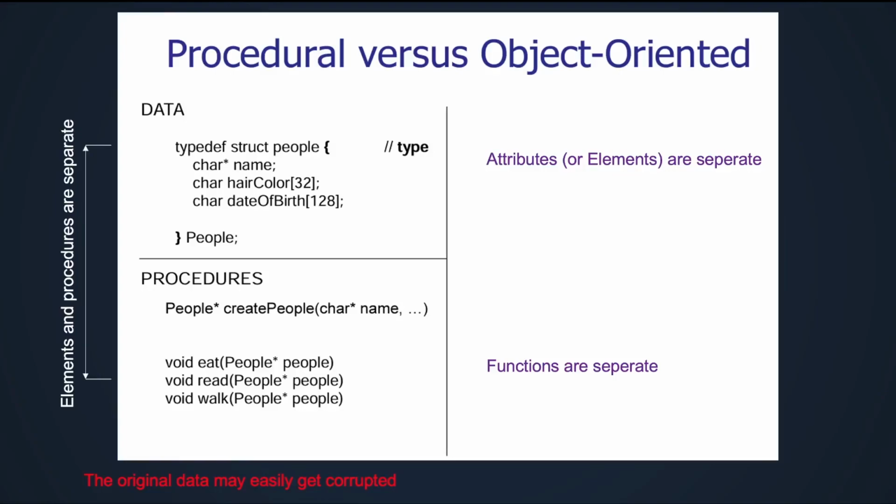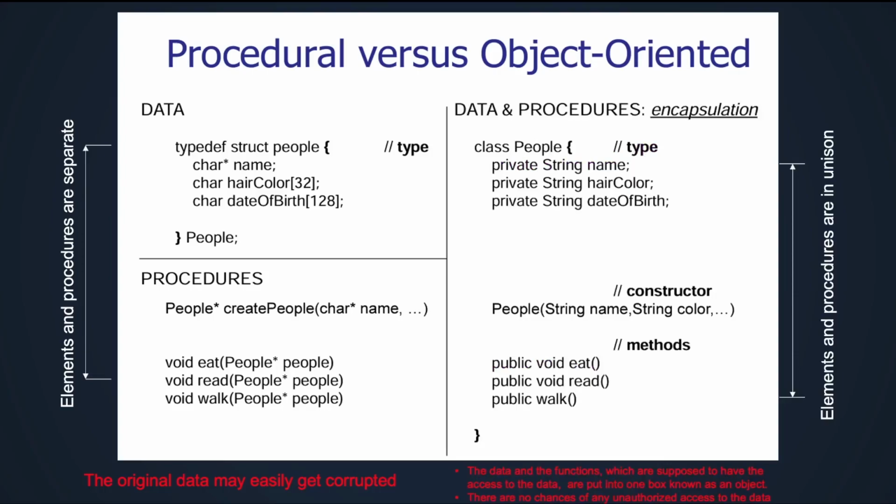To tackle the data corruption problem in the procedural languages, object-oriented programming language came into existence. The main focus of object-oriented programming languages is encapsulation. So, in object-oriented programming, we have a class.